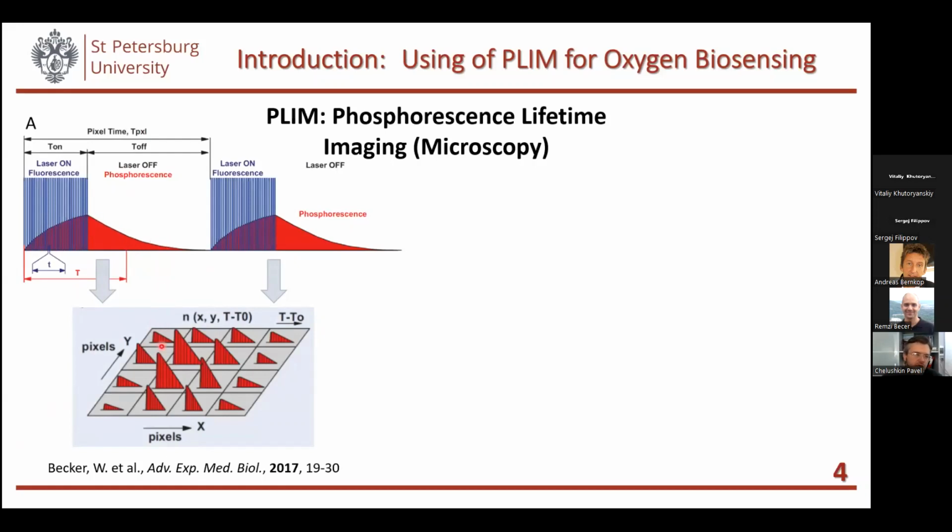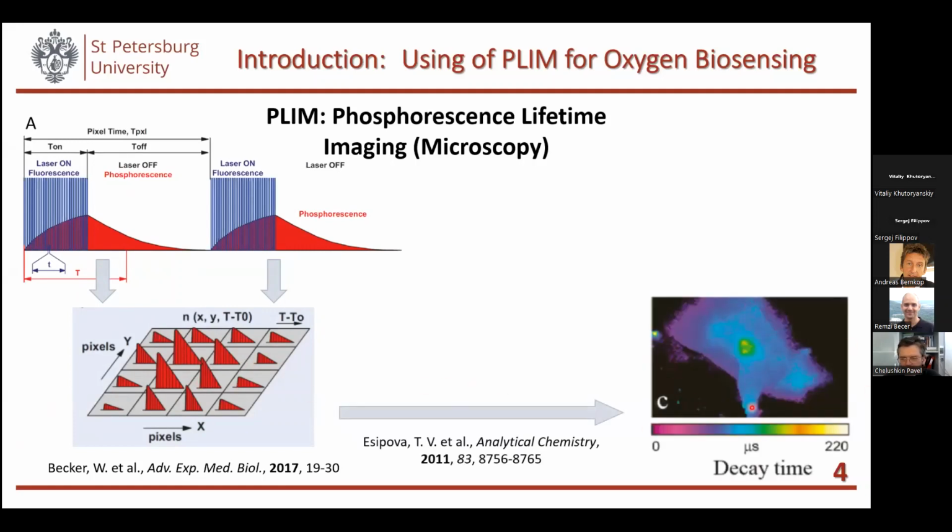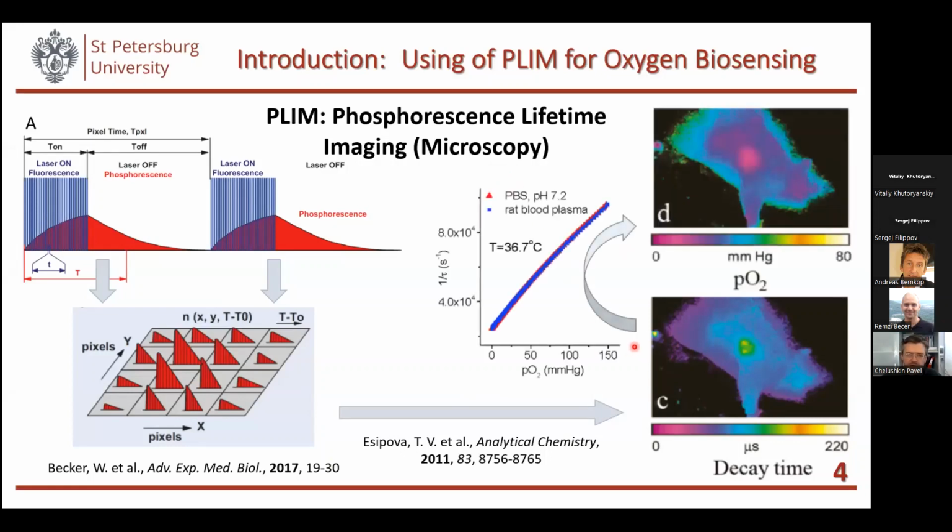As a result, after creation of the decay curve in each of the pixels, you can recalculate these decay curves into lifetimes, and you have lifetime mapping of a living organism, or of a cell in the case of microscopy. And if we are lucky enough to have phosphors with a linear and straightforward correlation between lifetime and oxygen concentration, in this case, we can also reconstruct the oxygen concentration distribution throughout the biological sample.